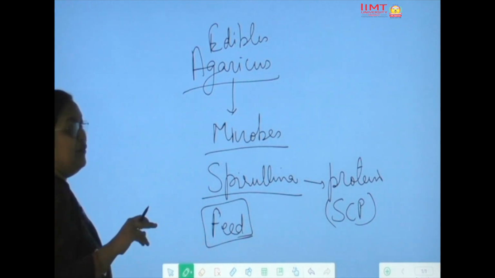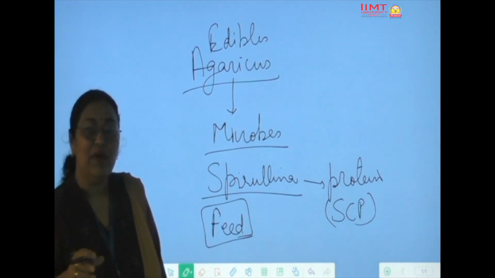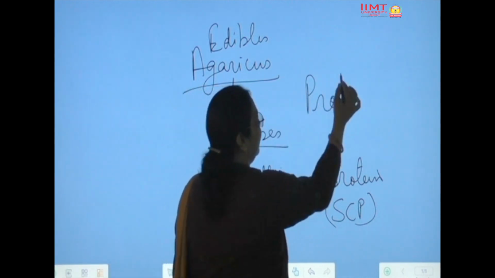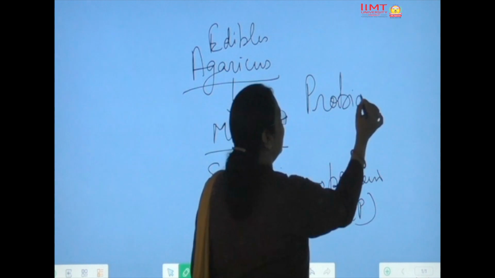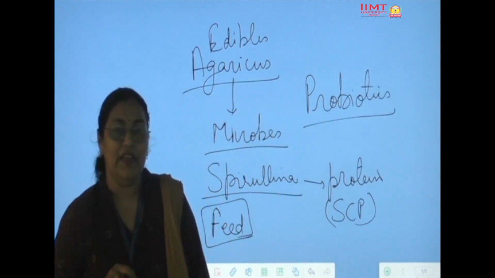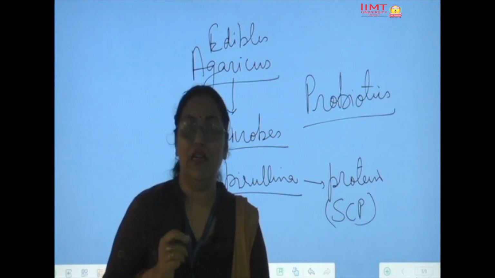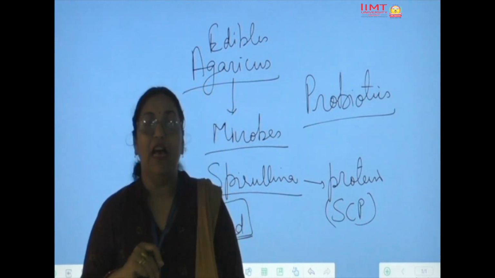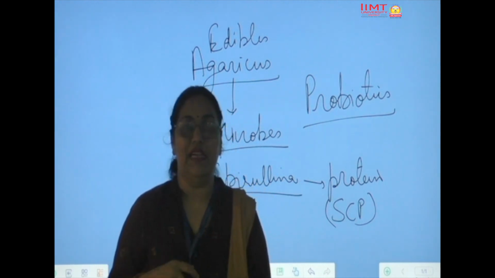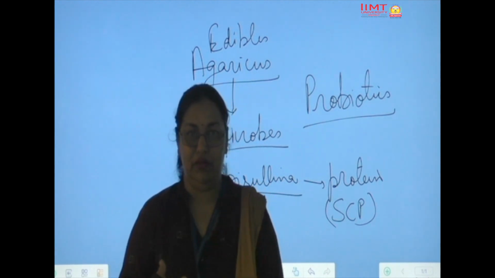Another food in which we are using microorganisms as a food is probiotic. I have written in the last slide, probiotic. Now what are these probiotics? These probiotics are preparations which contain microorganisms, and these preparations are taken to improve our health and to improve our immunity.